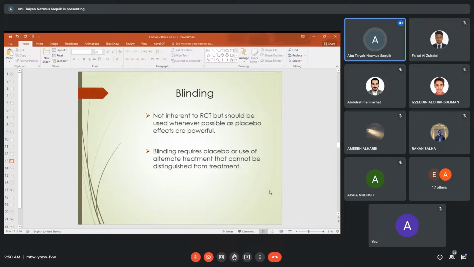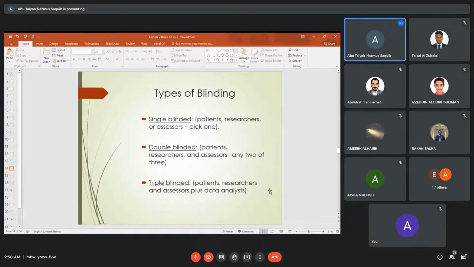The same way, the patient should not know. Say, for example, you are doing an RCT on physical activity. One group will be exercising 5 times a day and another group will not be doing that.